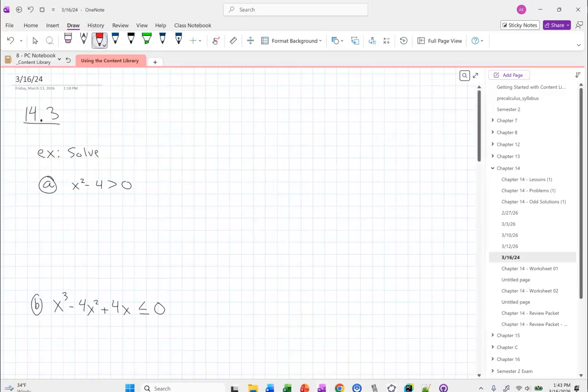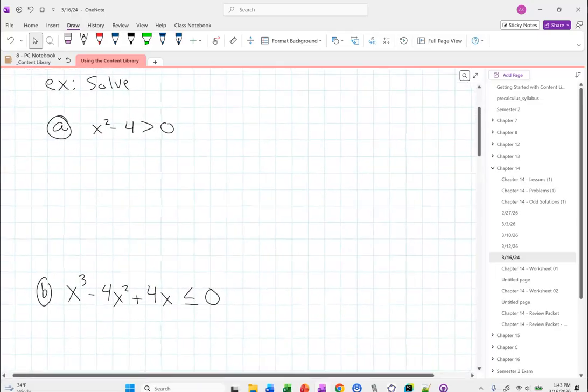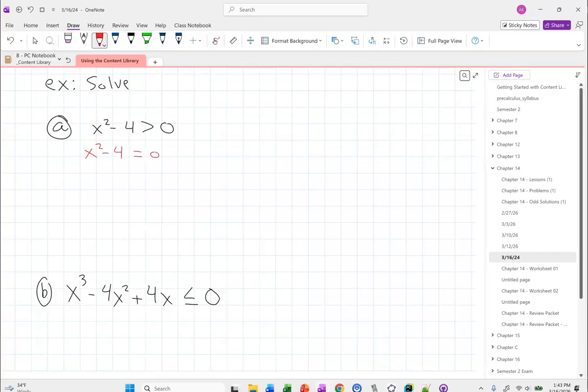So for our first example, we have x squared minus 4 is greater than 0. What kind of a function is x squared minus 4? Quadratic. More generally, we could say it's a polynomial, right?